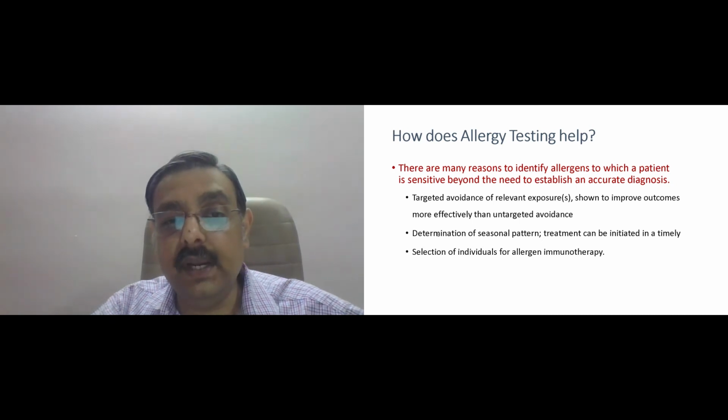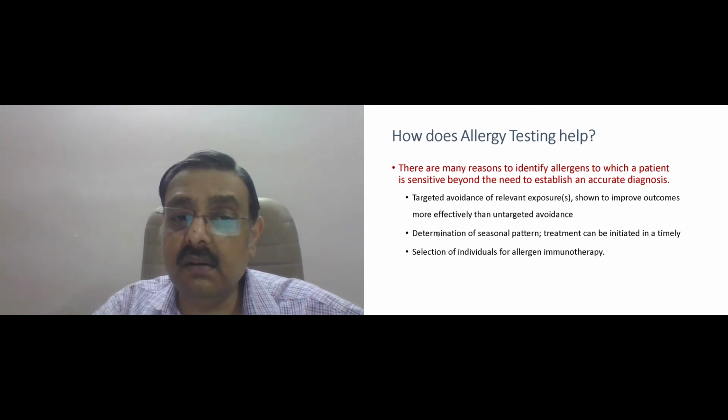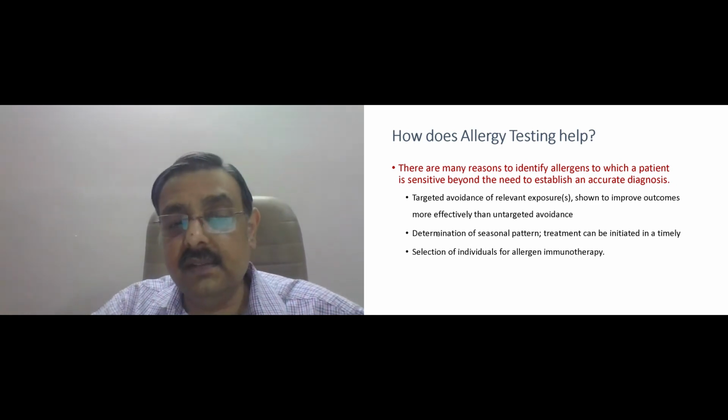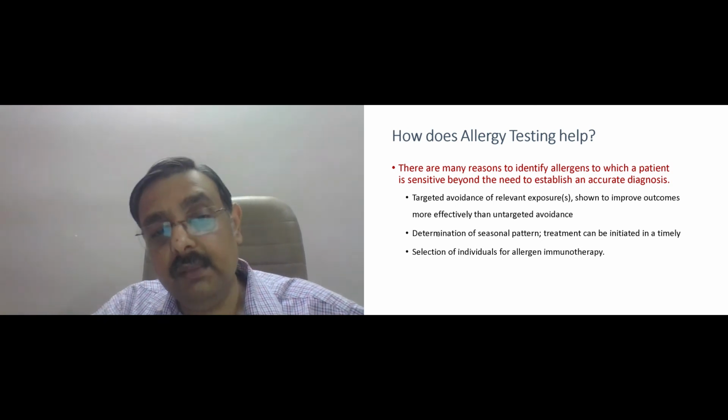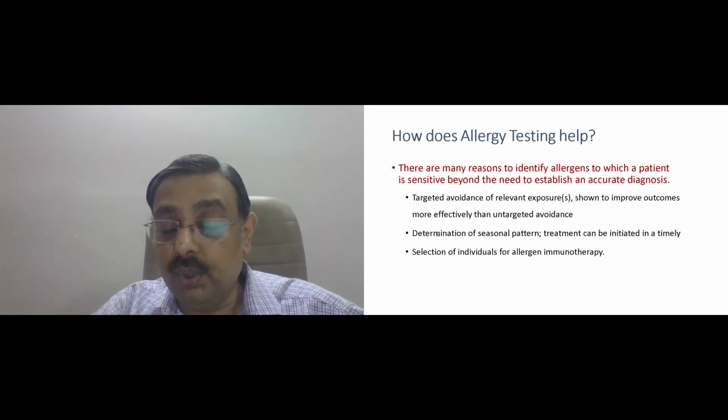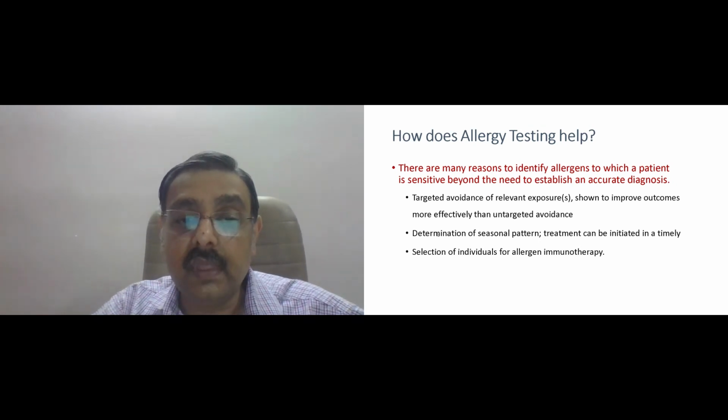A targeted avoidance of relevant exposure is shown to improve outcomes, and it is definitely more effective than untargeted avoidance. Telling them to avoid all these 100 things is sometimes difficult. But if you tell them that you need to avoid these two or three things which are actually implicated in your asthma, that seems to be quite easier and practical.